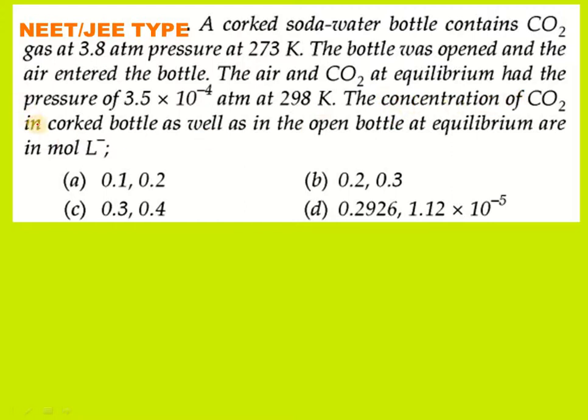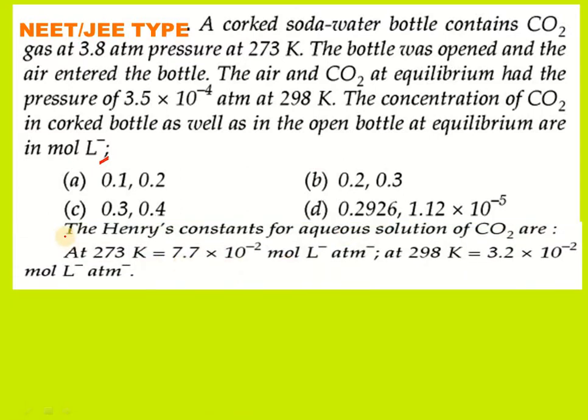The concentration of CO2 in corked bottle as well as in the open bottle at equilibrium, in moles per liter, is how much? So we have to find this concentration. See, they have already given Henry's constant of aqueous solution of CO2, that is 3.2 × 10⁻² moles per liter. So at 273 Kelvin, Henry's constant value also given.